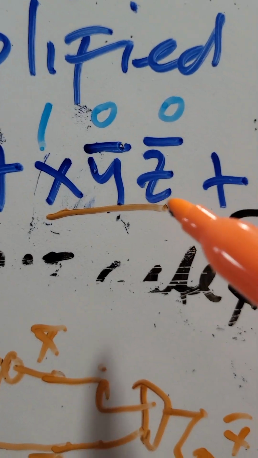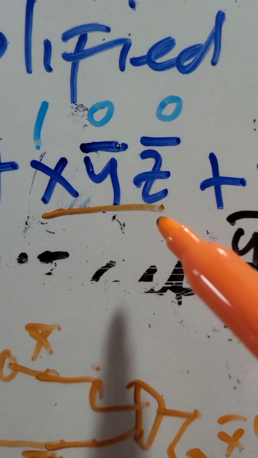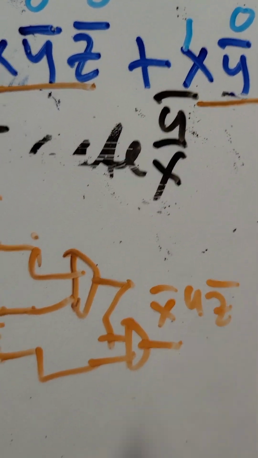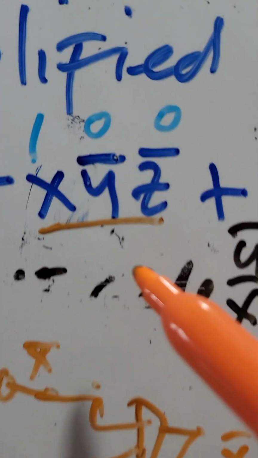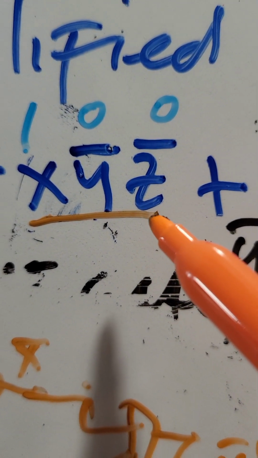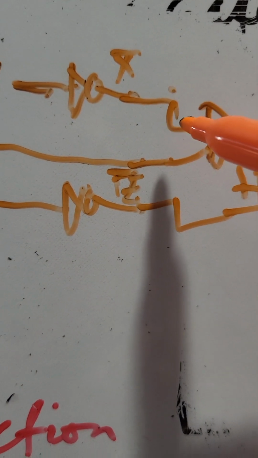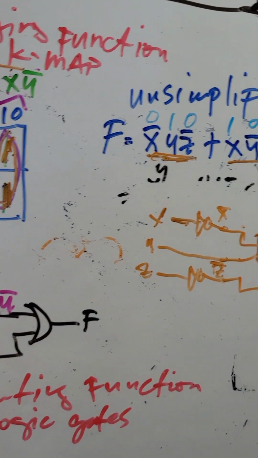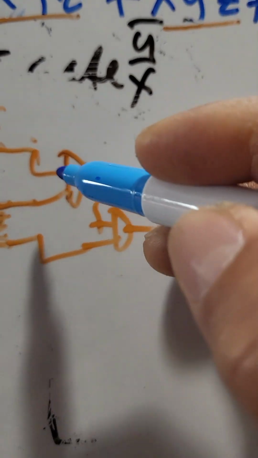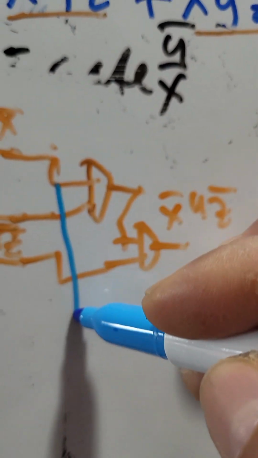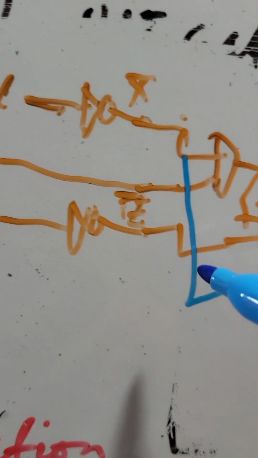Anyway, we already have an inverter here, so we'll not make another inverter here. So the next term is x y bar z bar. Use another color. And y bar.